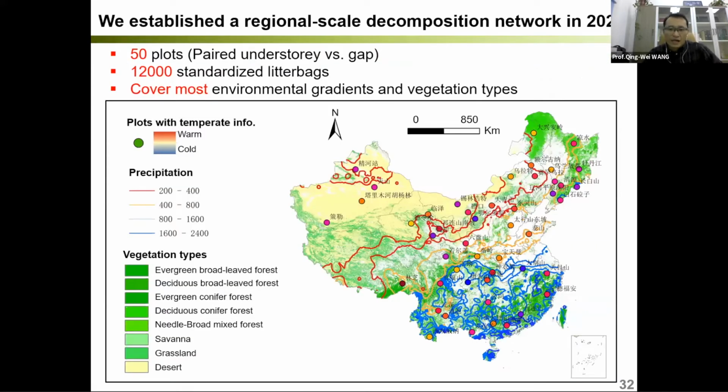Accordingly, we established a regional standardized decomposition network in 2020, but only in China due to the pandemic. In this network, we select 50 plots, use 12,000 standard litterboxes, and cover most environmental gradients and vegetation types.